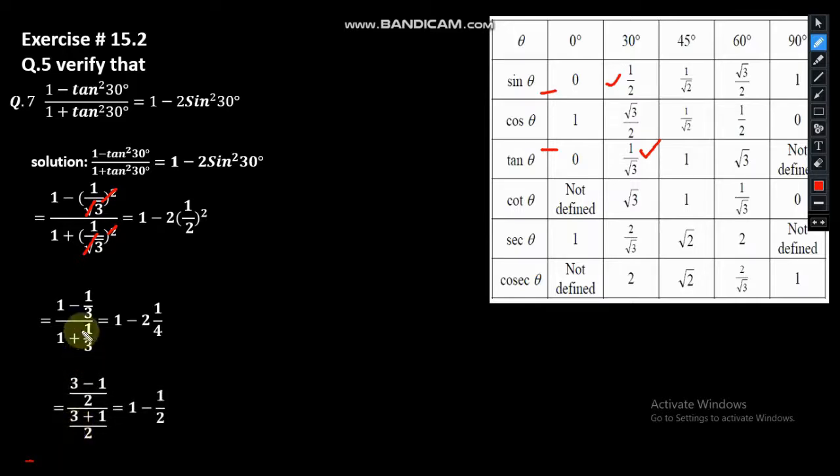Now next we can take LCM, 3 here, sorry, due to typing mistake, 3, and we can also 3. So 3 plus 1 is 4 and 3 minus 1, and 1, 2 1s are 2, 2 2s are 4.